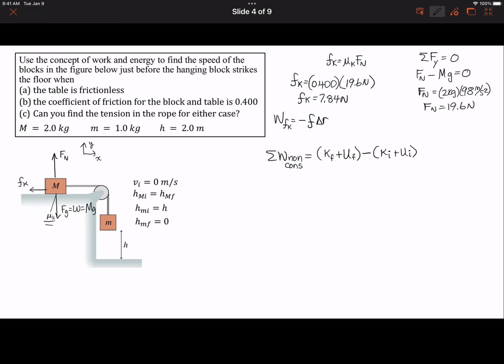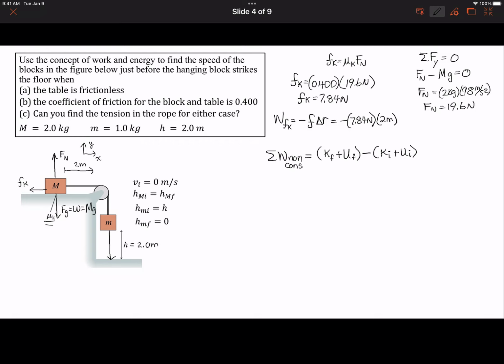The smaller block is going to fall through some distance here of 2 meters, and therefore the top block is going to move through a distance of 2 meters. So the frictional force acts over that 2 meters, so the work done by friction is going to be the frictional force times the displacement of 2 meters.